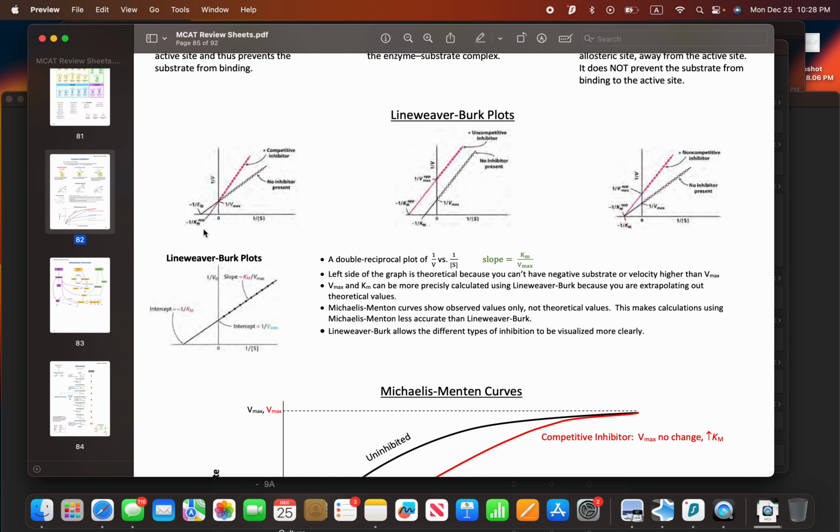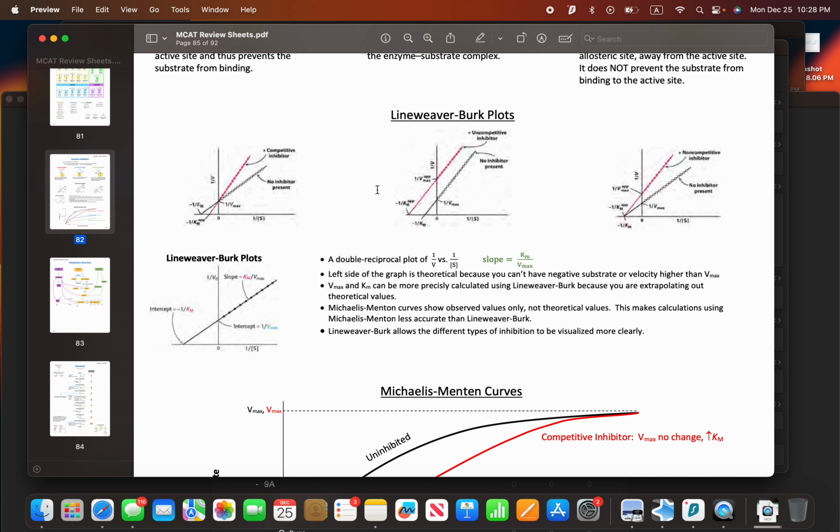So because the inhibitor increased Km, it should be a lower value. However, because it's minus, it should be a higher value. It's two opposites at the same time, right? The Km increasing should make the thing smaller, but when it's minus, it's smaller and towards 0, right?